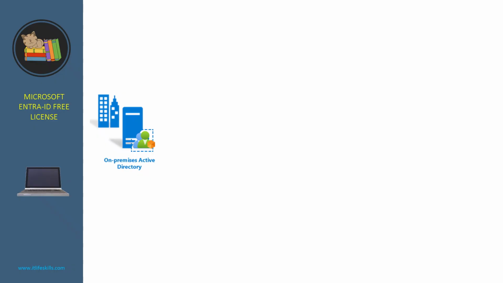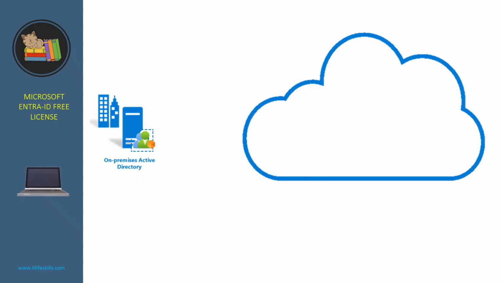As you know, when you sign up for a new Azure account or a Microsoft software as a service application such as Office 365, you are assigned a Microsoft Entra ID tenant free license.